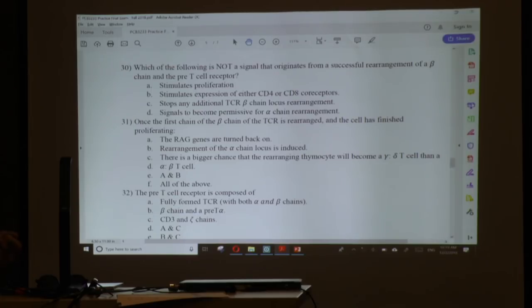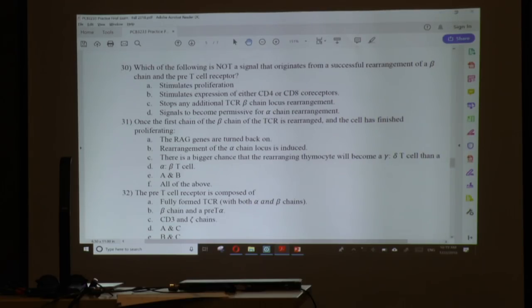So then after that, you go through the alpha chain, you make sure you have an alpha chain that works, and then, because you're a T cell and you need to recognize MHC, you need to go through positive selection. And in positive selection, you start testing your TCR against MHCs. And when you recognize an MHC, that's where you determine whether you're going to be a CD4 or CD8 cell.